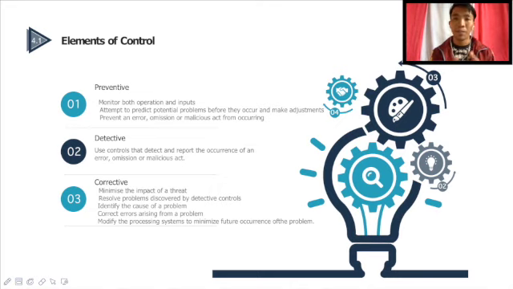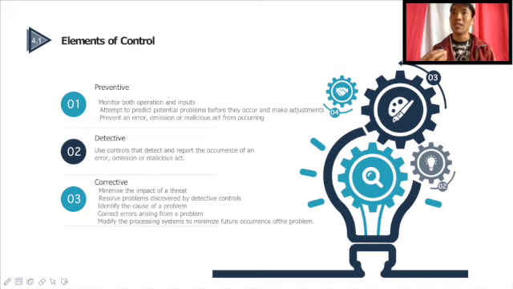So, say for example, you're already in place, you're working already in the organization, and you would want to look at the capability of the organization, the information system, the information technology infrastructure, that these sets of controls are in place so that whenever an error occurs, it automatically gives us feedback.